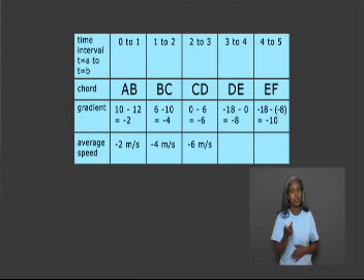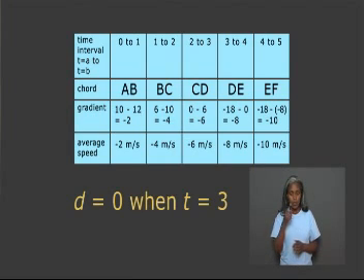The average speed for interval 3 to interval 4 is -8 meters per second. The average speed for interval 4 to interval 5 is -10 meters per second. As we can see from our table of values, D equals 0 when T equals 3.